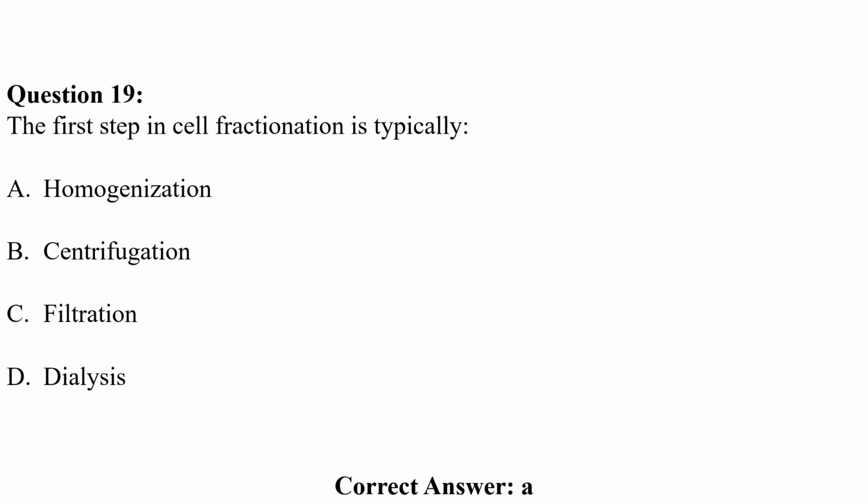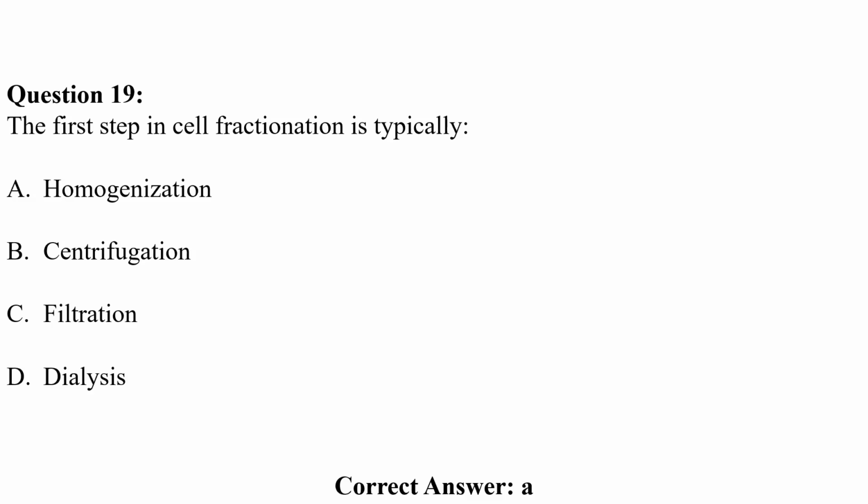For doing centrifugation, you can't directly put the liver in the centrifuge and centrifuge it, right? You have to dissolve it and homogenize it. You have to make a homogeneous mixture, a continuous, clear solution of the whole sample that I have given. So for that, the first step is homogenization.